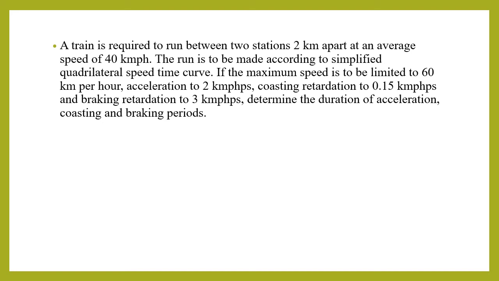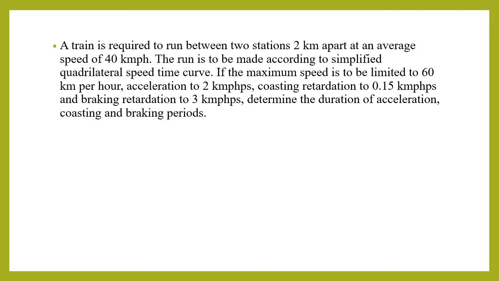If the maximum speed is to be limited to 60 km per hour, acceleration to 2 km per hour per second, coasting retardation to 0.15 km per hour per second, and braking retardation to 3 km per hour per second, determine the duration of acceleration, coasting and braking periods.